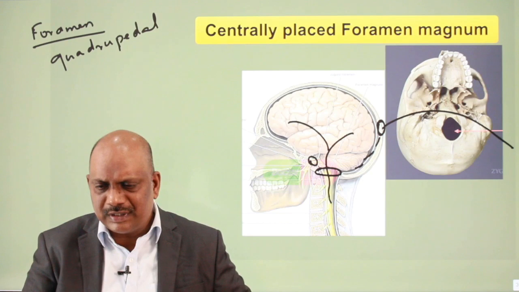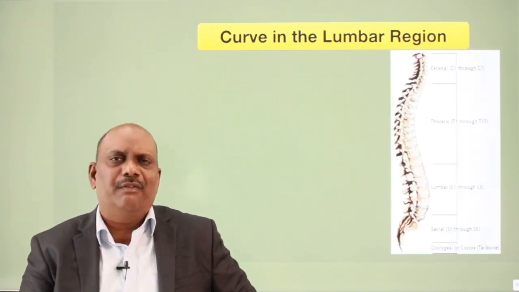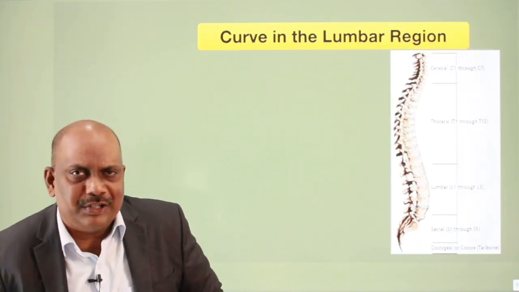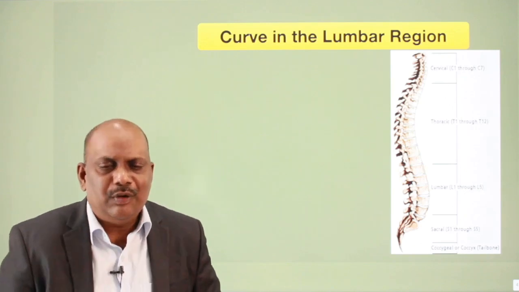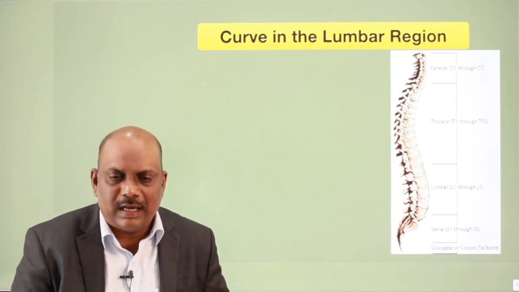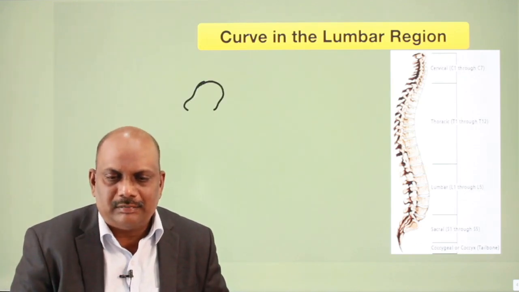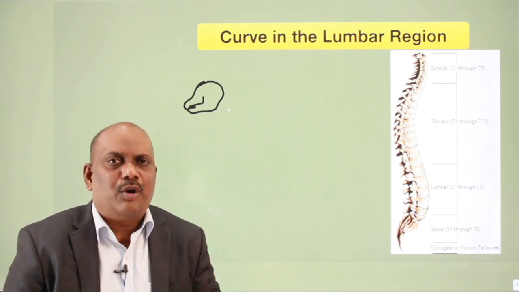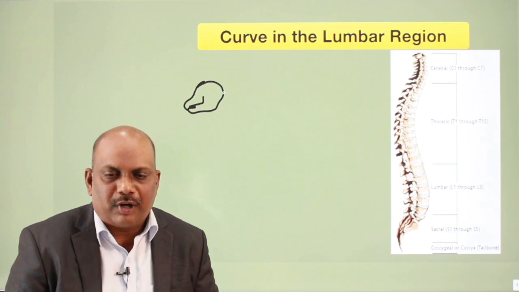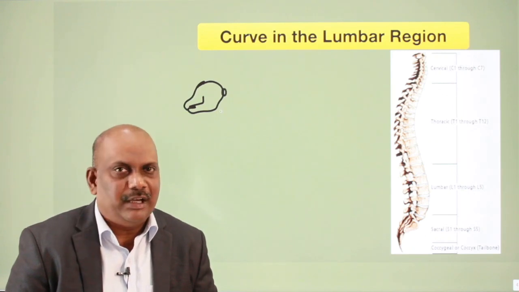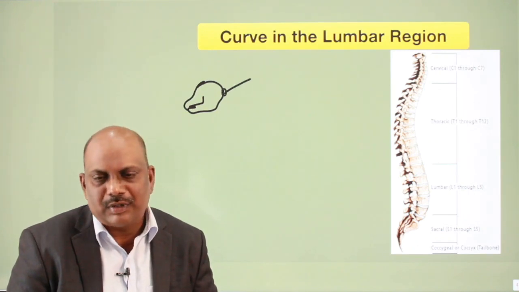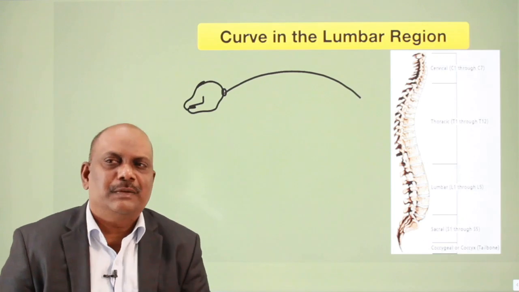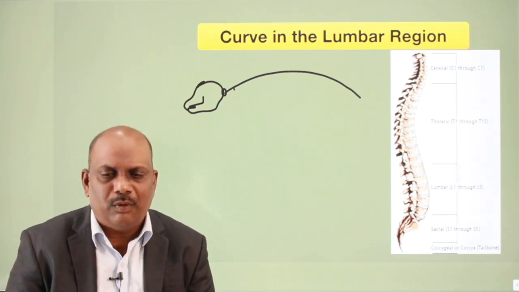The next is the presence of a curve in the lumbar region. As I told you, when the human ancestors had quadrupedal locomotion, the foramen magnum was more posteriorly placed and the vertebral column used to have only one arch.